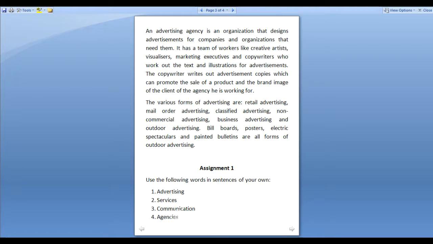Then we have non-commercial advertising. These are what we call publicity.